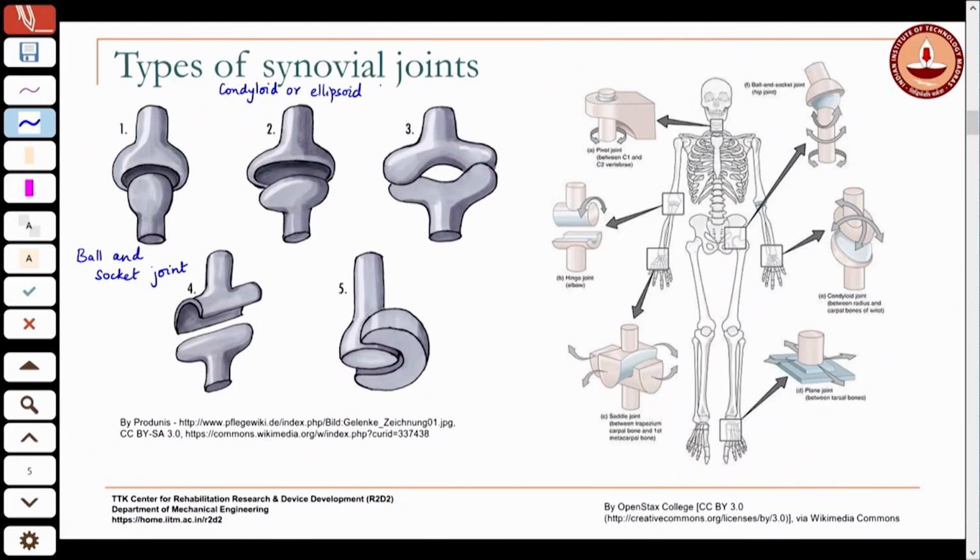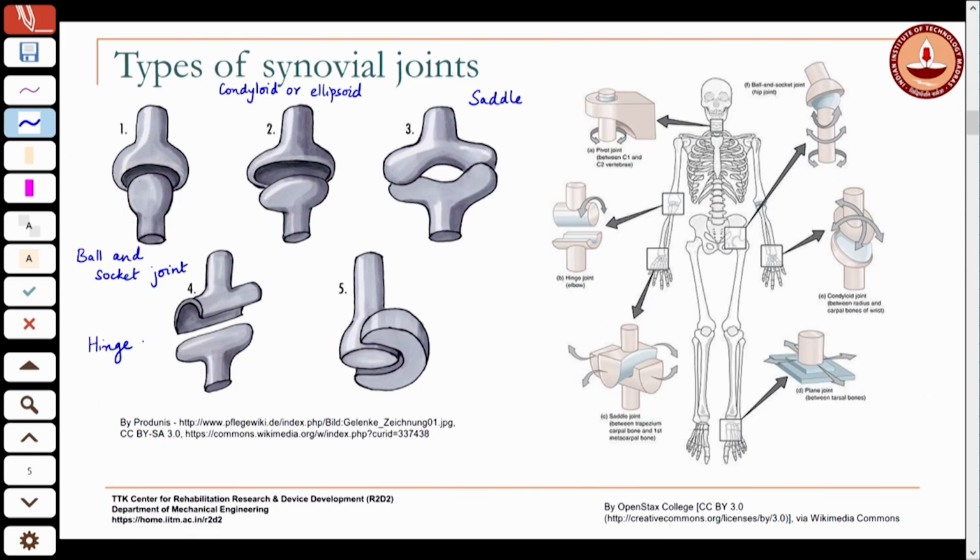Then you have a special joint called a saddle joint, where you have these 2 surfaces that interface in this manner, and this also is a joint that will allow rotation in 2 different planes. And then you have the regular hinge joint, similar to a mechanical hinge joint, which will only allow rotation in 1 plane.